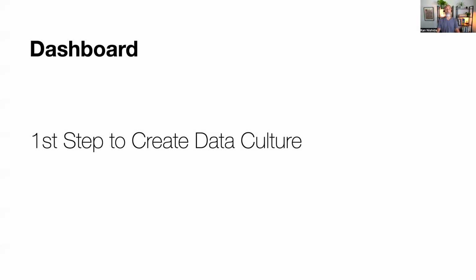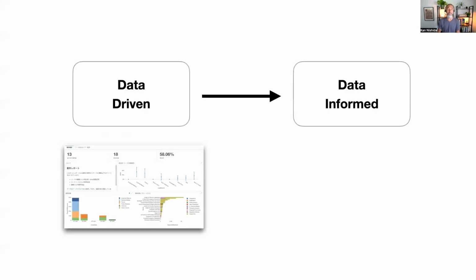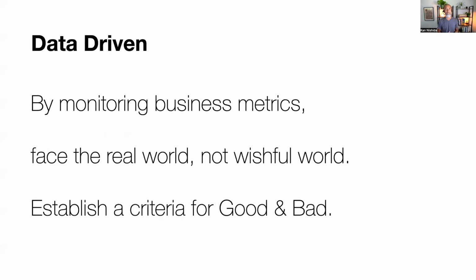And I think the first important step is really to create something like a dashboard where you can monitor where the business is. I think that's the first step, something called data driven. But the eventual goal is data informed. I think that's a really important target. So what I mean by data driven is, first, you want to monitor your business metrics to understand the health of your business.